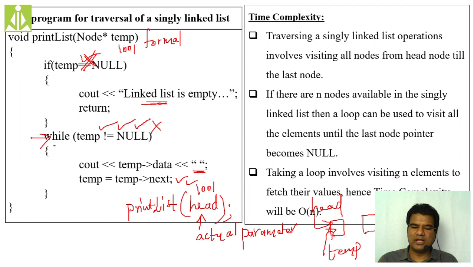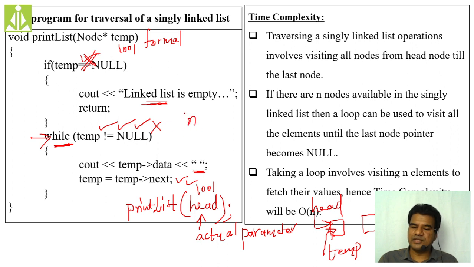As you can see, this while loop operates from the head node to the last node, and how many nodes we are going to have in that linked list, we don't know. So it is an unknown value, so we consider it as n.